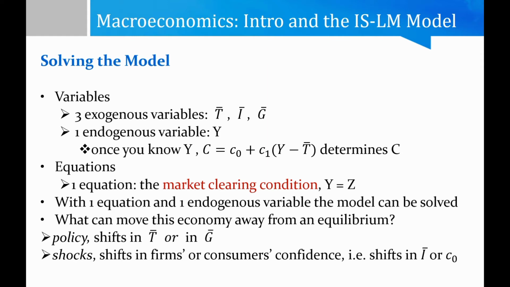What can move this economy away from an equilibrium? So there are two instances or situations where the economy will move away from the equilibrium point. First is if there is a shift in policy, for example, a shift in tax or a shift in government spending.